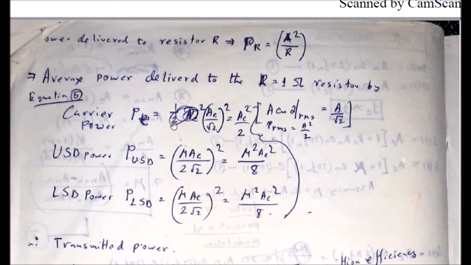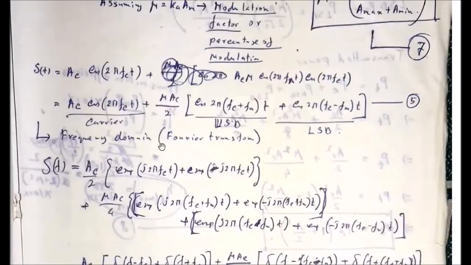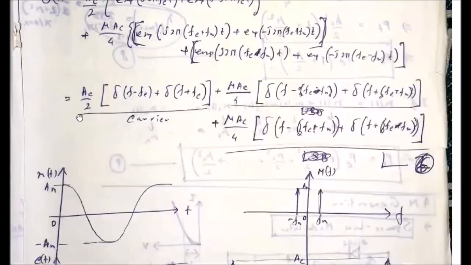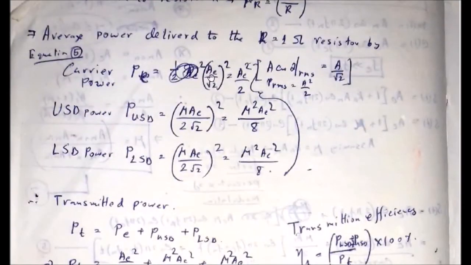Okay. So what will be the carrier power? Carrier power will be simply the carrier term. This is the carrier term. What will be its power delivered to the unit resistor, that is 1 ohm resistor? It will be the RMS value of this amplitude square. So that will be A_C divided by root 2 whole square. It is A_C square by 2.